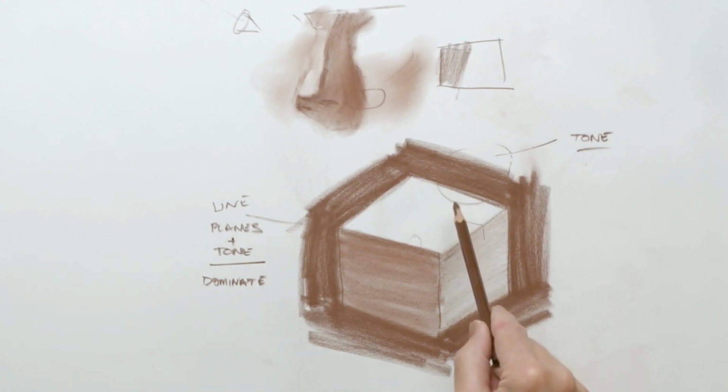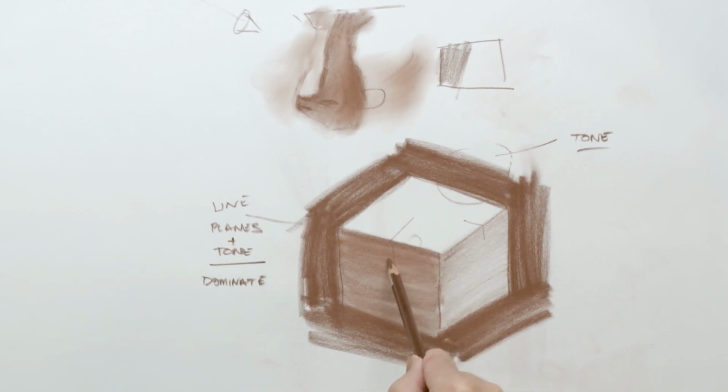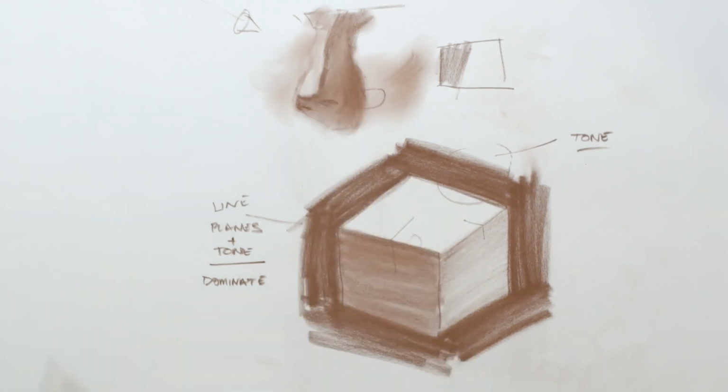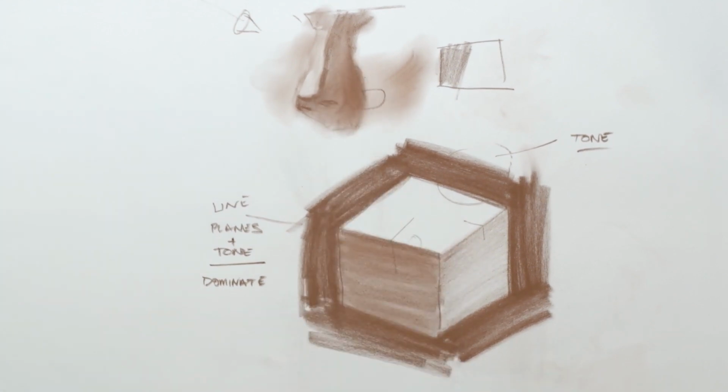Whereas in the box, you have this surface and this surface. They're intersecting planes and tonal contrast. Intersecting planes and tonal contrast. That'll make this dominant over this one to a large degree, okay?